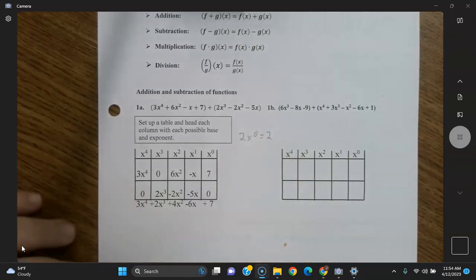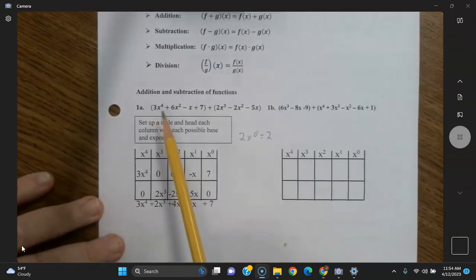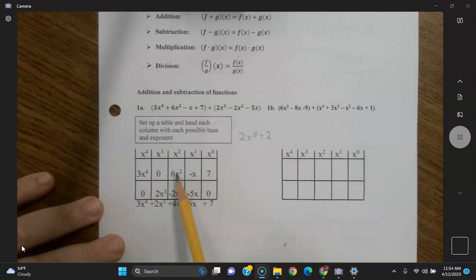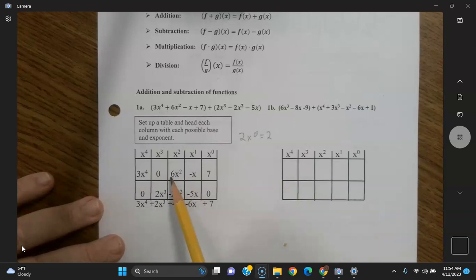Okay? So what you do is you place this polynomial up here in the appropriate column. So x to the fourth is 3x to the fourth. You don't have an x to the third term here, you see, so you can either just leave it blank or put 0. Then 6x squared goes in the x to the second column. This is x to the first, so that's minus x. Don't forget the minus sign, any signs that go with it.